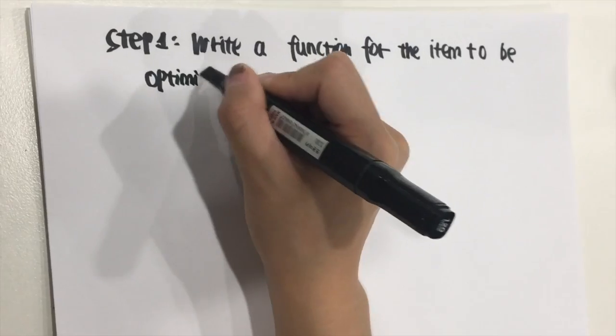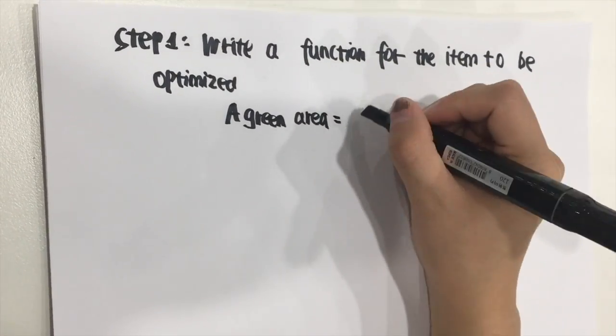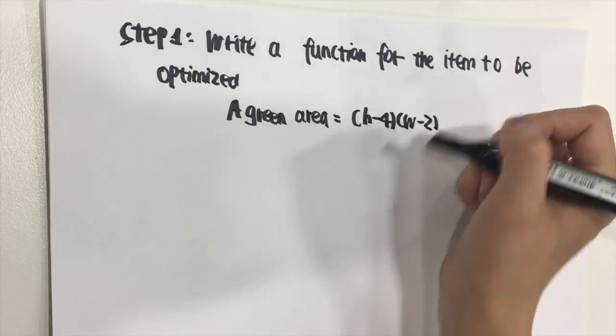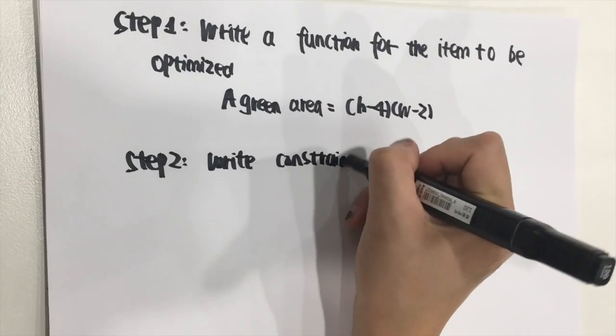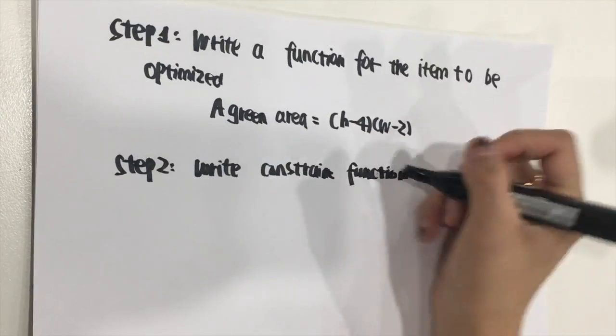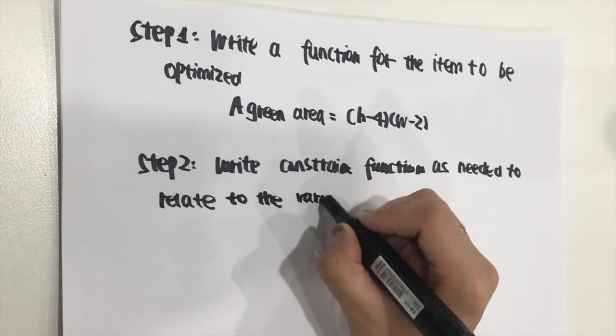So step 1, we write a function for the item to be optimized. The space of green area is height minus 4 times width minus 2. Step 2 is to write constraint equations as needed to relate the variables, which will be used for substitution into the optimization function.